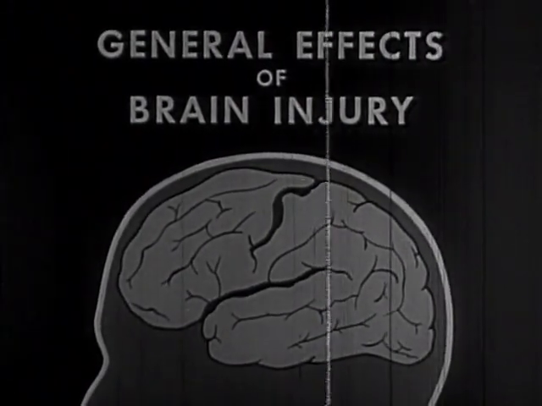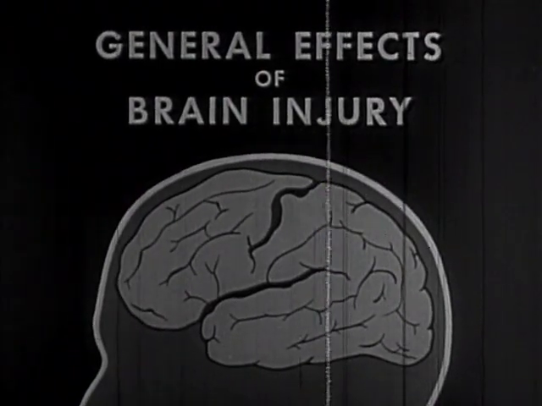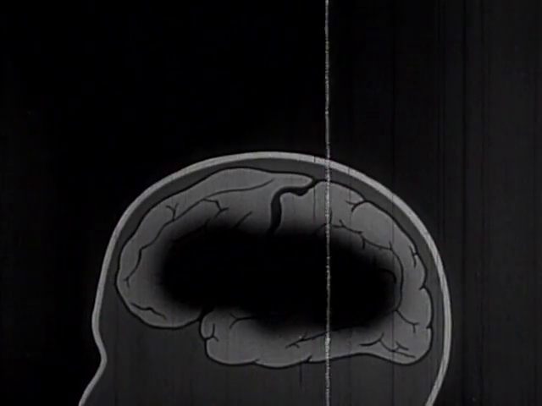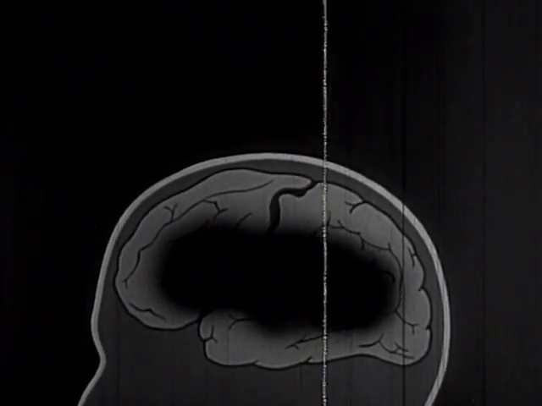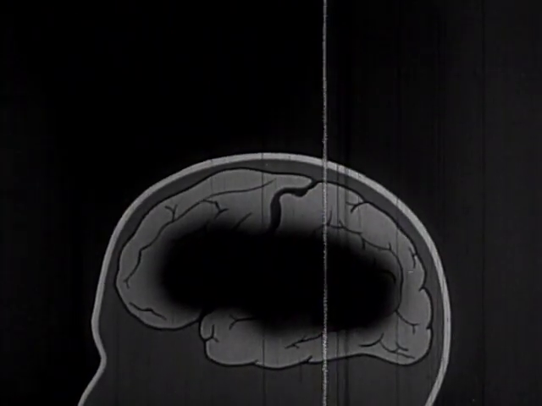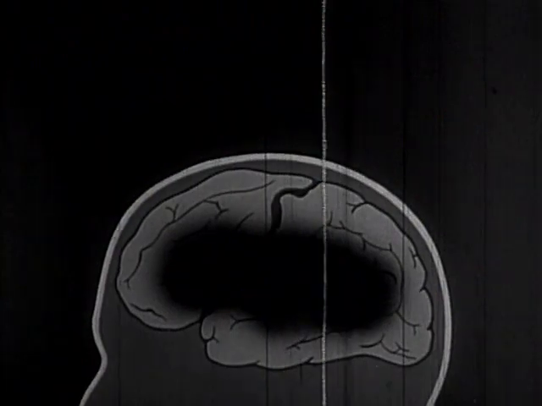But there are more general functions that can be distributed independently of sensation, movement, and speech. Consider, for example, the language areas, which you remember are usually on the left side of the brain. Areas are also involved in mental processes that do not involve speech.